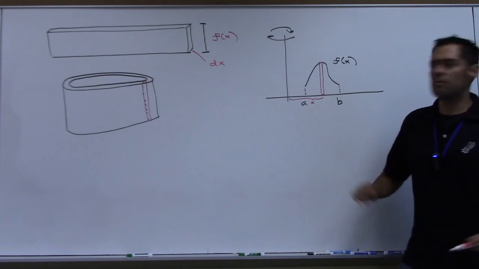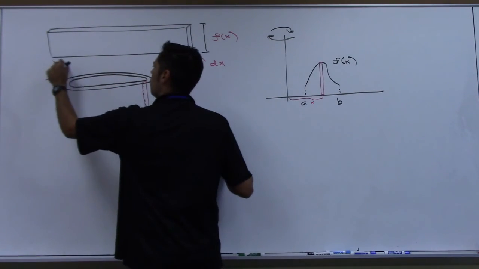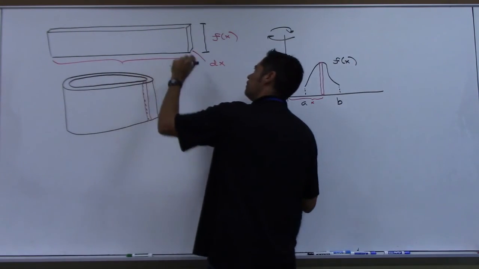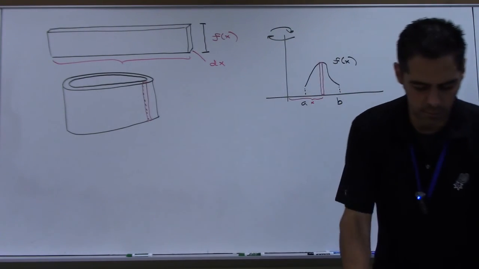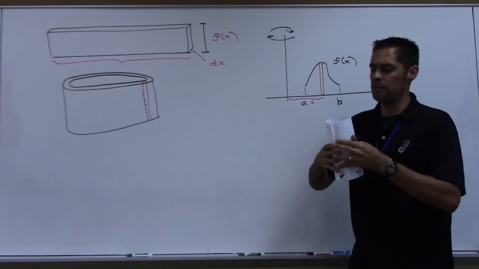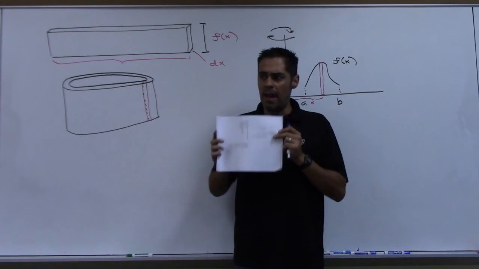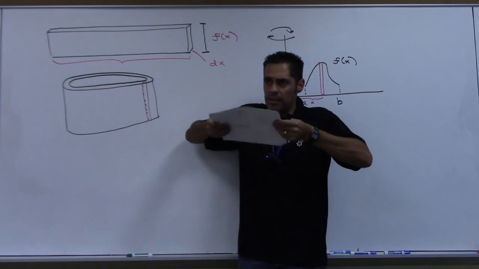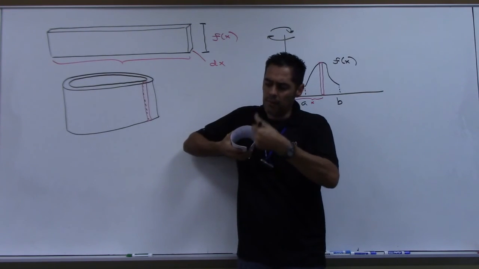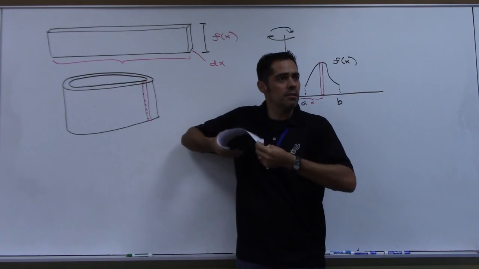And then this is the hardest part of it. How long is this thing? We cut it open, we rolled it out flat. So this length is actually the circumference of the circle right there, isn't it?